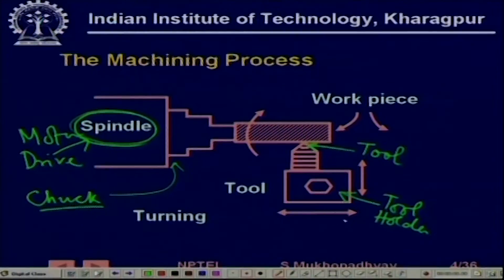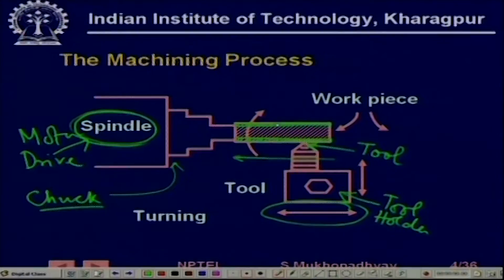The tool holder can move this way, so, for example, it can be used to reduce the diameter of the workpiece. As this rotates and the tool moves from this end to that end with a certain degree of penetration, this much of metal will be removed from both sides.